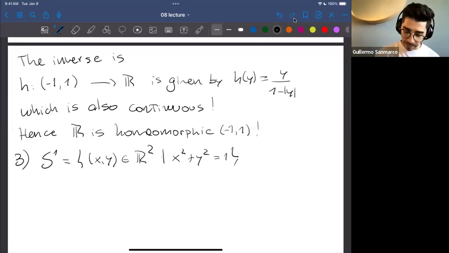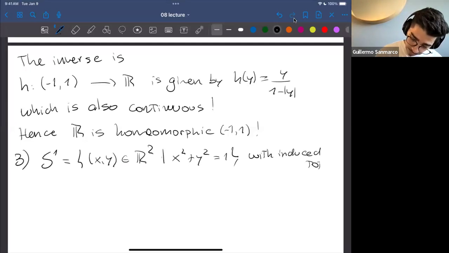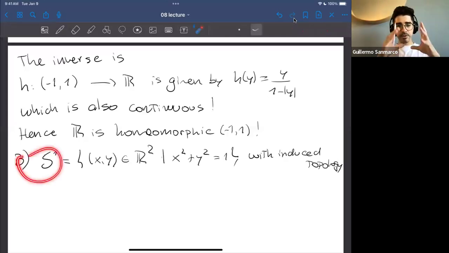This is a subspace of R2, so we consider this with the induced topology, which means opens here are going to be opens in R2 intersected with S1.